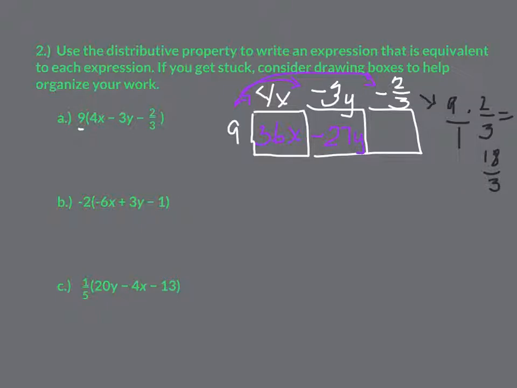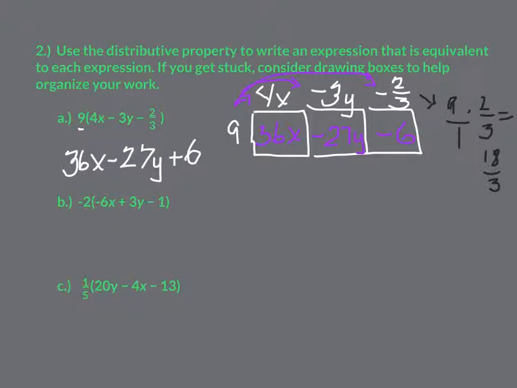And 18 divided by 3, of course, is 6. And I know that a positive times a negative is always a negative. So when I rewrite this first problem, I'm going to end up with 36x minus 27y, plus 2. Oh, sorry, plus 6. I was looking at the 2/3.